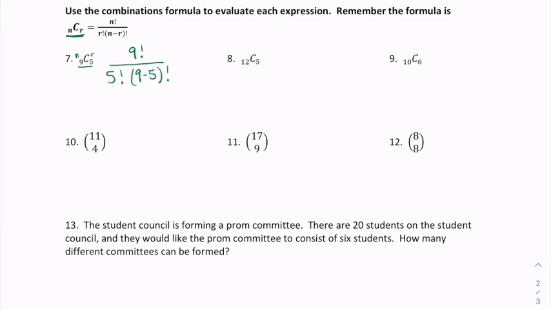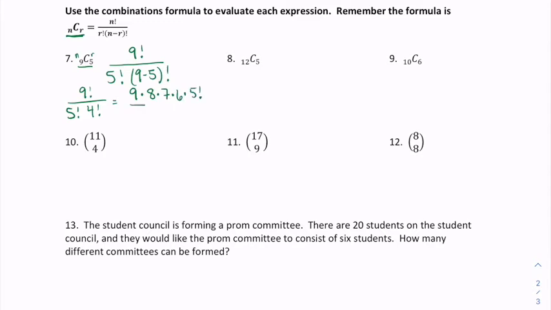Well, now to solve this, I'm going to start by simplifying. I have 9 factorial over 5 factorial times 9 minus 5, which is 4 factorial. Now to simplify that fraction, I know that 9 factorial is the same as 9 times 8 times 7 times 6 times 5 factorial.